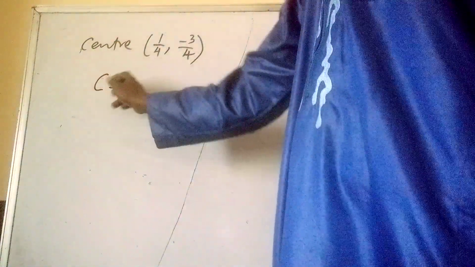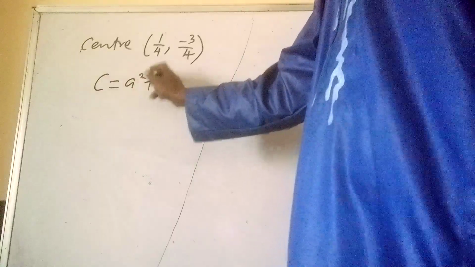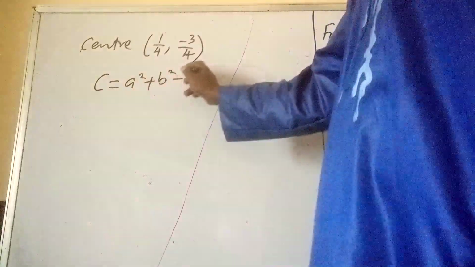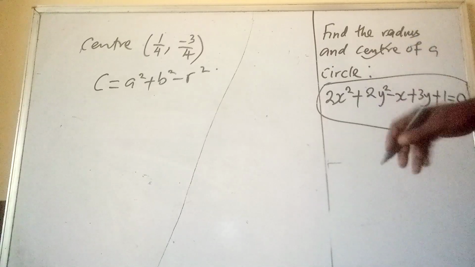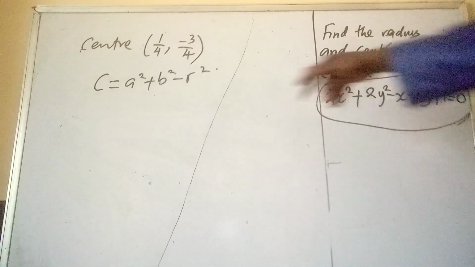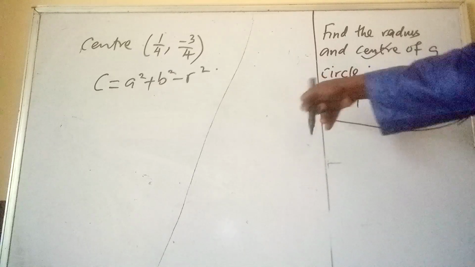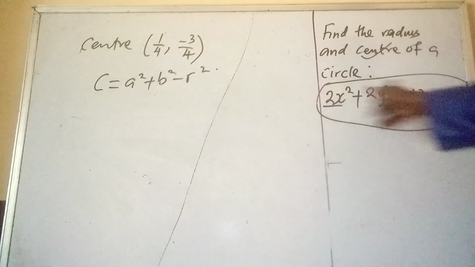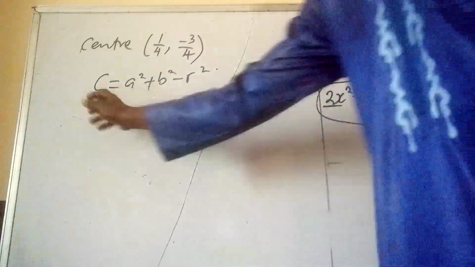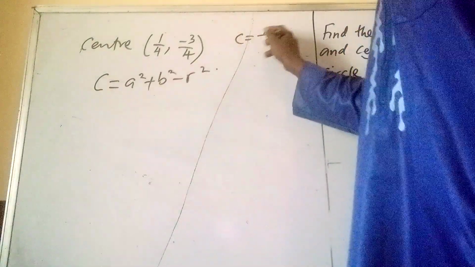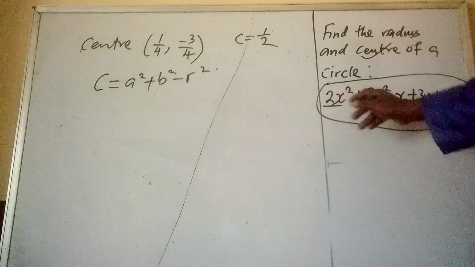Remember that we wrote c equals a squared plus b squared minus r squared. So what's our c in the equation we have divided through by 2? Our c is 1 over 2, because we divided throughout by 2.